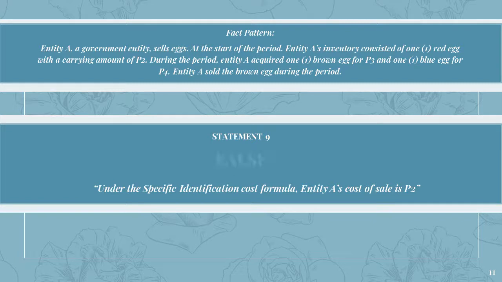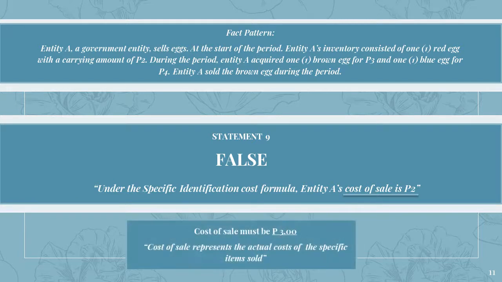This statement is false because under the specific identification cost formula, the cost of sale must be 3 pesos, because the cost of sale represents the actual cost of the specific item sold. So it should be 3 instead of 2 because the price of the brown egg is 3 pesos.